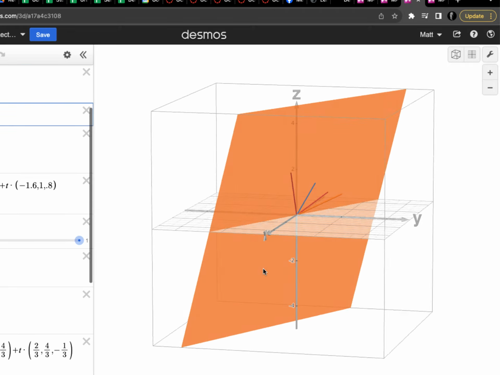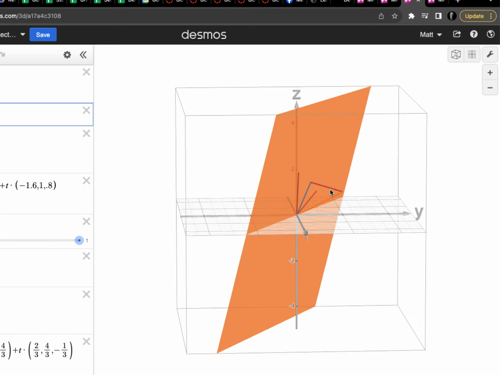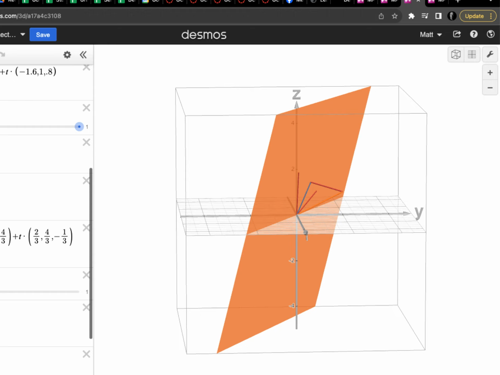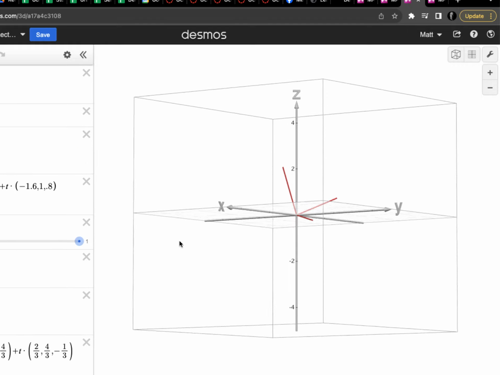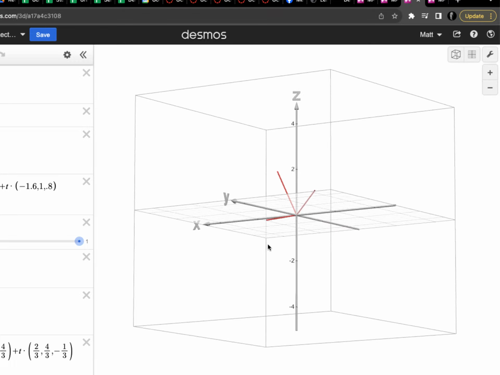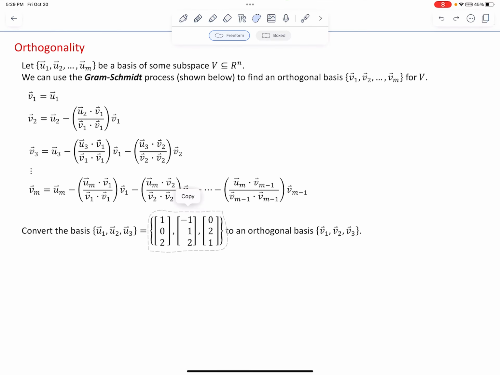That gives me this vector here. Then we will find its orthogonal complement, and reposition this red vector so that it also originates from the origin. Then I can get rid of the projection vector and get rid of u3. And like that, I have found three vectors that are all orthogonal to each other. Okay, back to our notes.